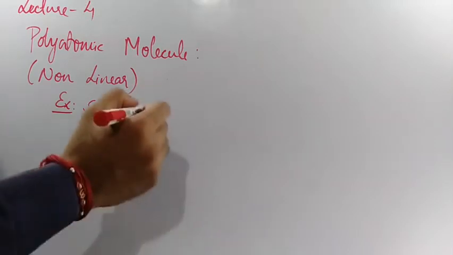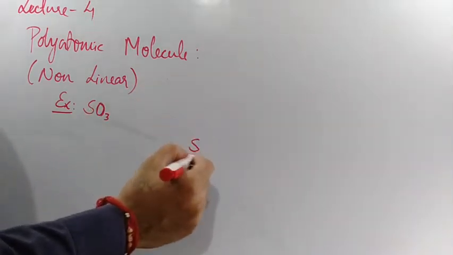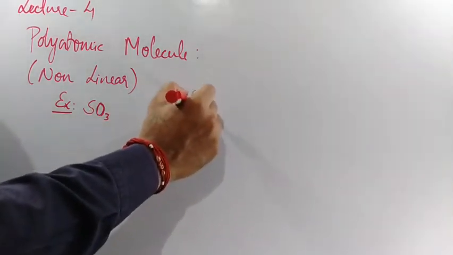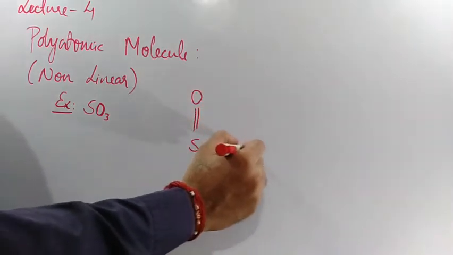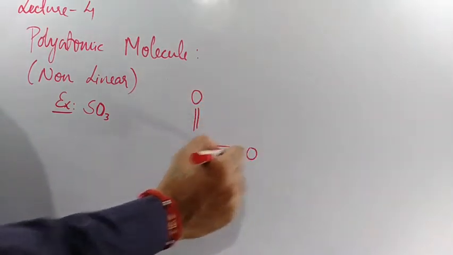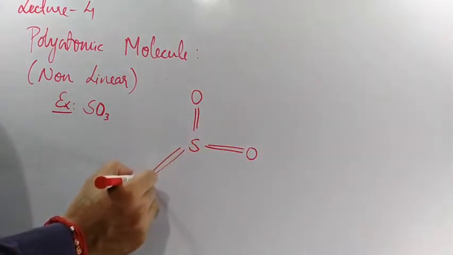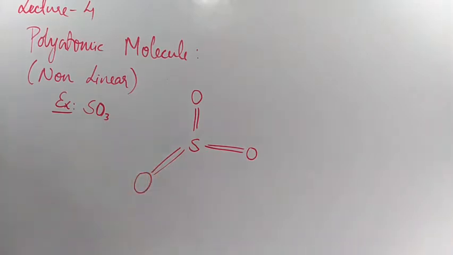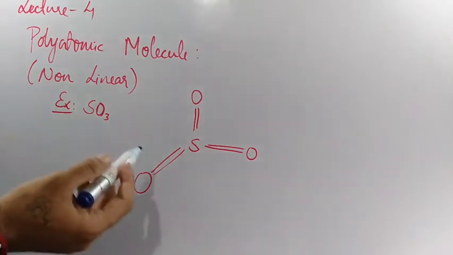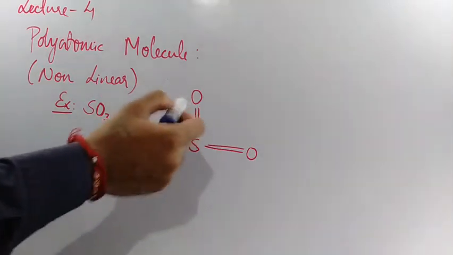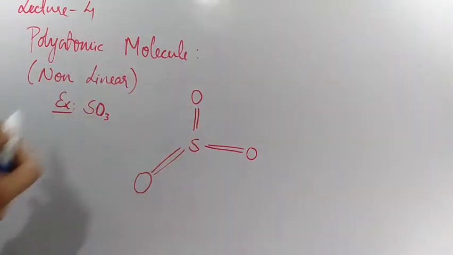Like S here, O this side, O here, O. Clear? Now, in which all directions this SO3 molecule will move, that we have to cross check. Now listen.